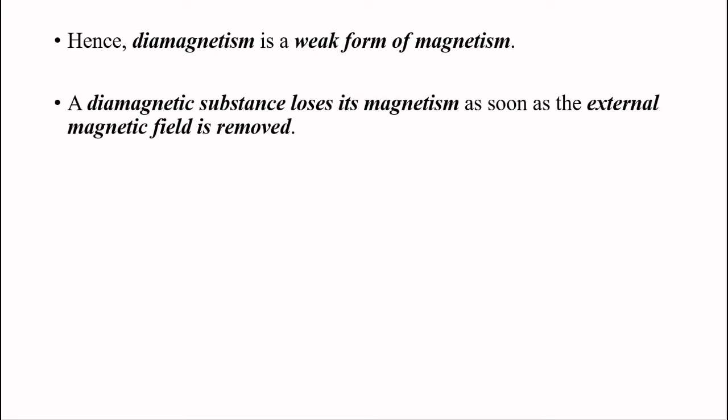Okay, so why do the diamagnetic materials behave in that way, why do they acquire a weak form of magnetism, why are they weakly magnetized?